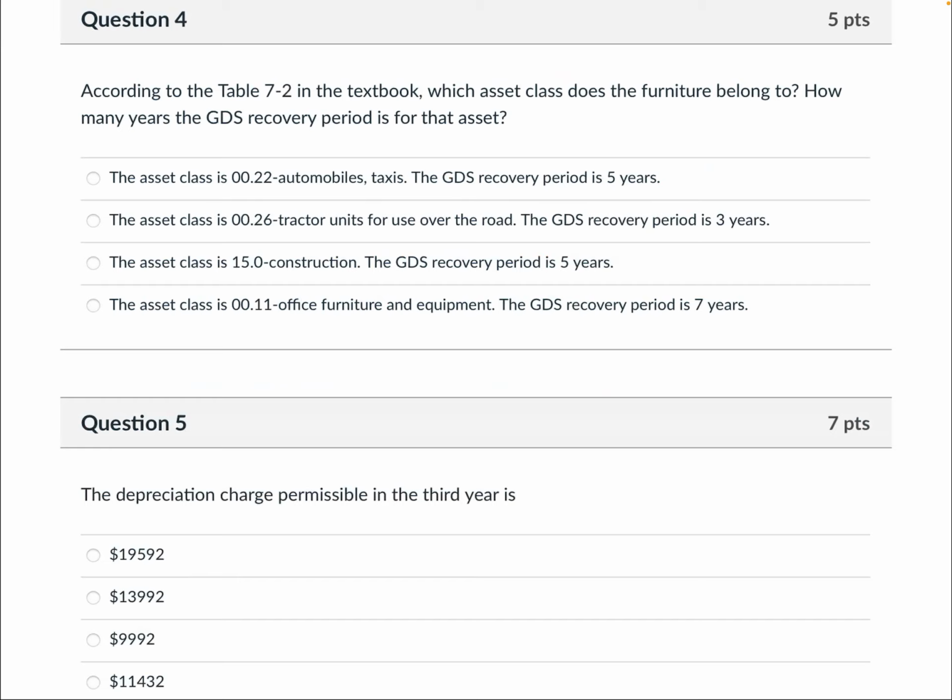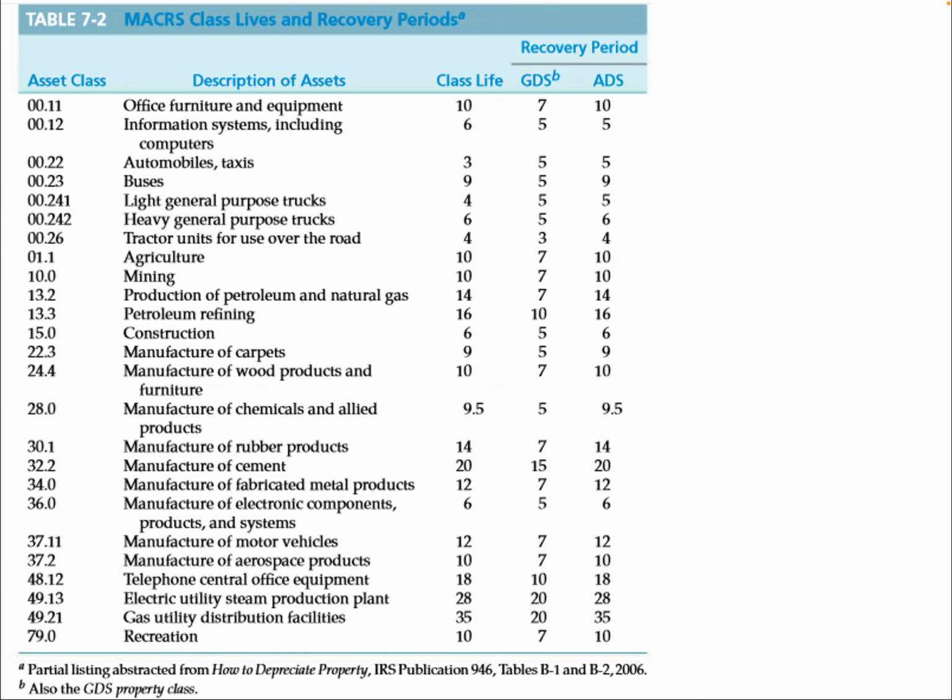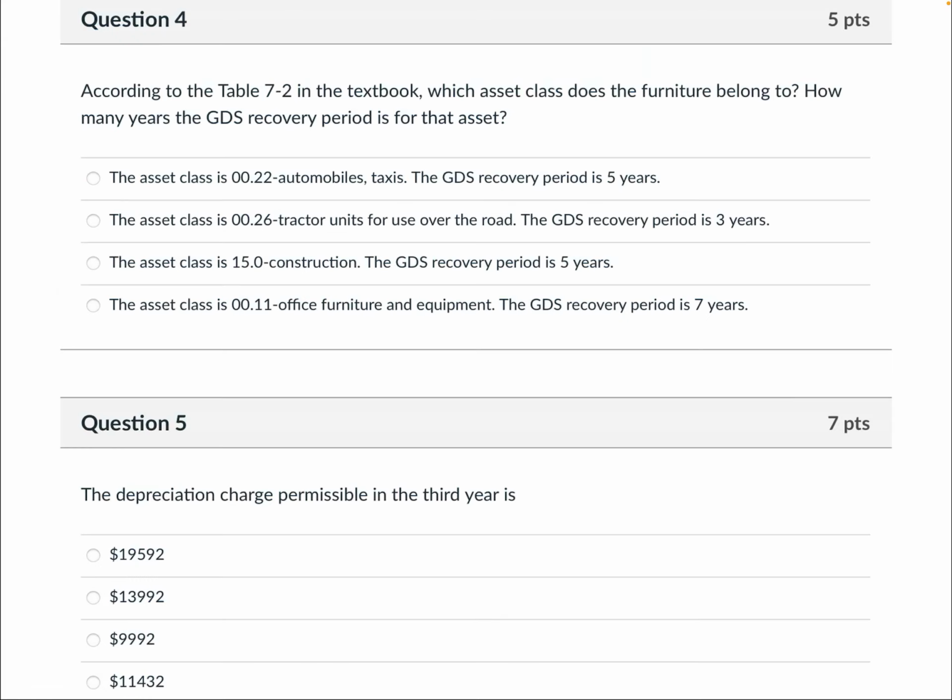Okay, so in order to check the class, you need to go check this table. And office furniture is the first class. The asset class is this, and then the GDS recovery period is 7. So it's gonna be this one. The depreciation charge permissible in the third year is asking what is D3, right? D3 should be B times R3.